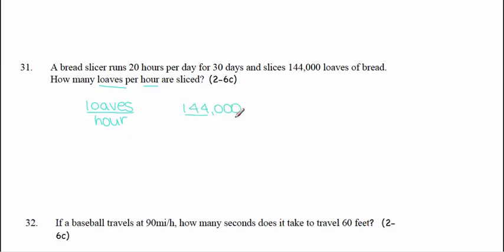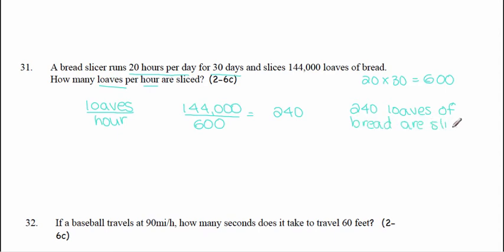Now my hour, it runs 20 hours a day for 30 days. So I'd have to multiply that to get how many hours. So it's 600 hours. Simplify this. That's 240. So 240 loaves of bread are sliced per hour.